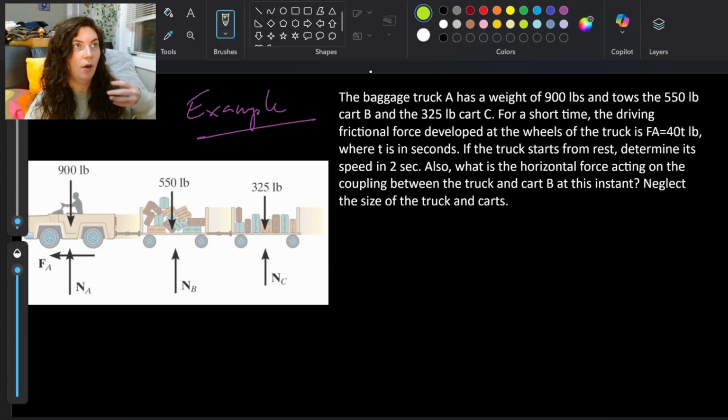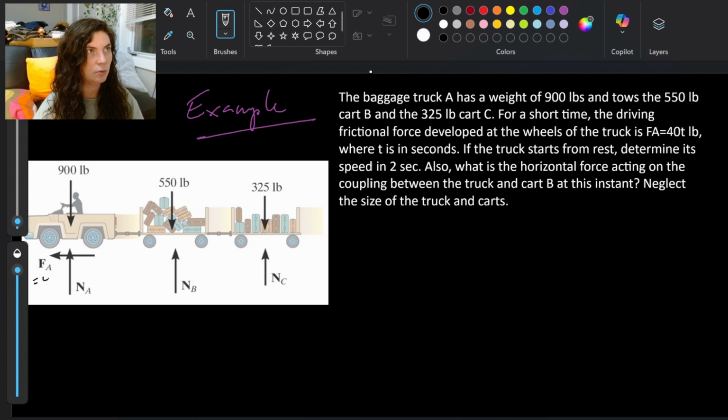We've got our 900-pound truck, the force of the 550-pound cart B, the force of the 325-pound cart C. We have the normal forces pushing up from the ground onto these carts. And we also have that frictional force, FA, that they describe, although they don't give us the FA equals 40t. I'm going to add that over here. FA is 40t in pounds.